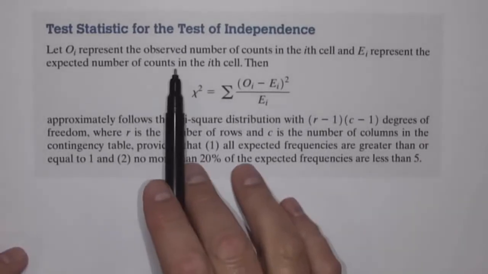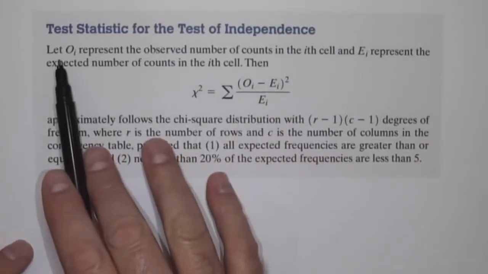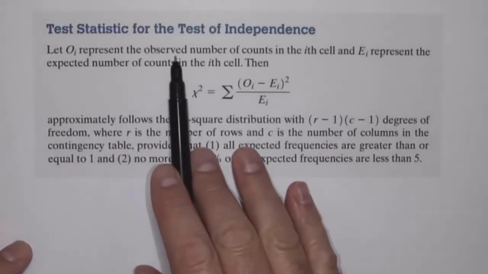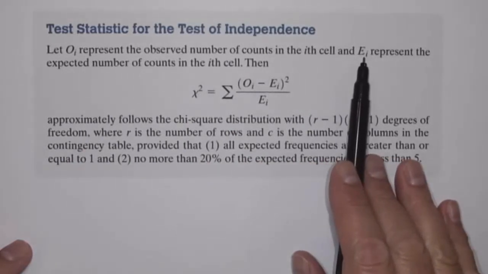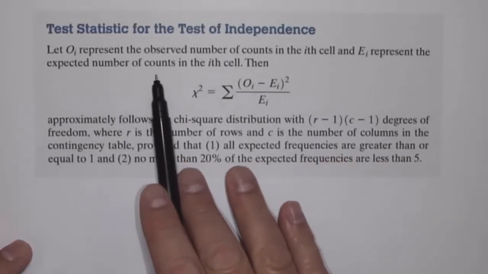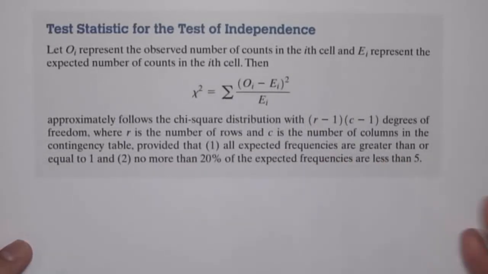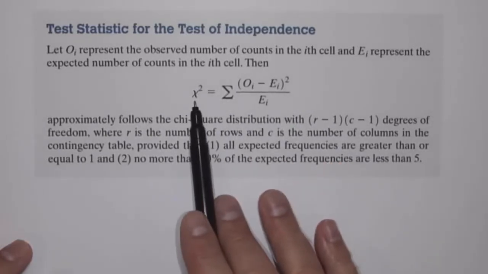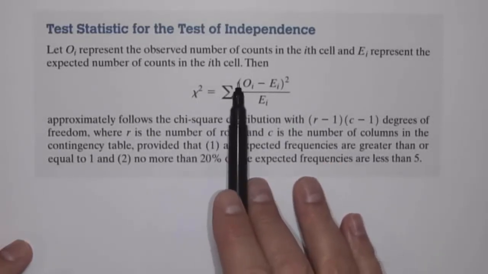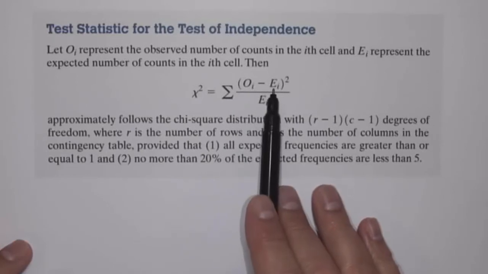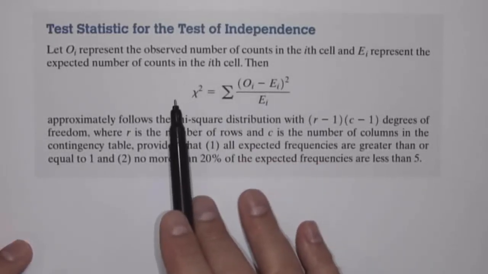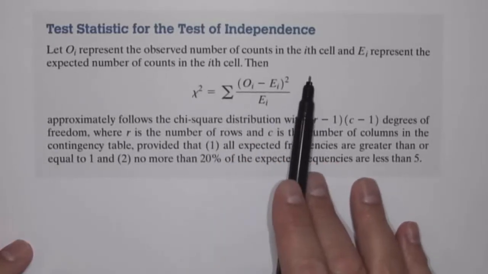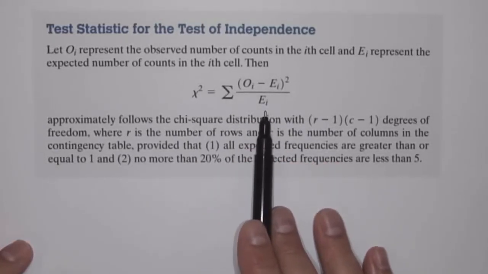So the test statistic for the test of independence. Let O sub i represent the observed number of counts in the ith cell, and E sub i represent the expected number of counts in the ith cell of our contingency table. Then chi-square equals the sum of (O sub i minus E sub i) squared divided by E sub i. Notice again, this is the exact same calculation that we used in the goodness of fit test.